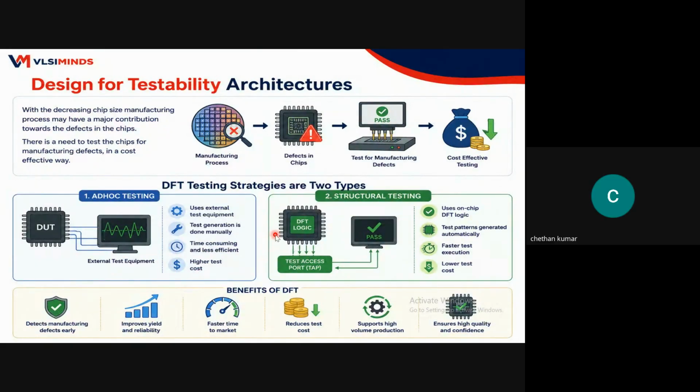So what is DUT, sir? Design under test. Whatever design we are taking for the test, its inputs and outputs have to be observed. To observe that, there will be equipment at the external side, so manually we have to test them.